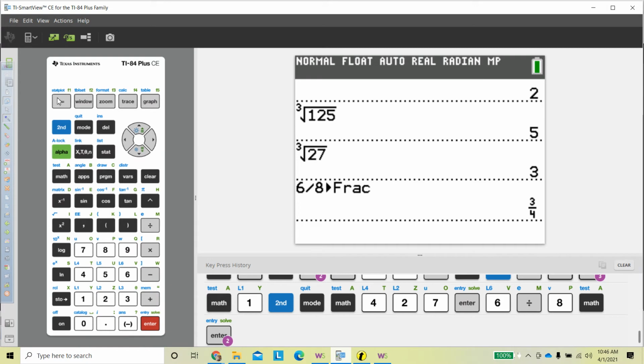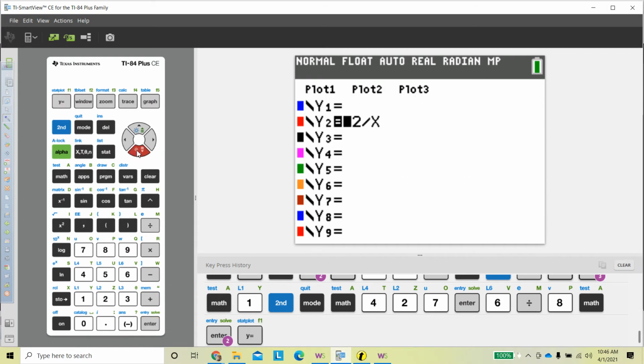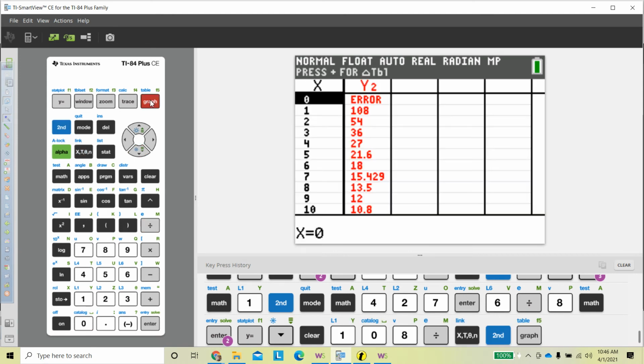You can think about hitting your y equals and doing 108 divided by x. Now we want to look at the factors. And I want to think about factors from this column that I can square root. I can square root 36. So 3 and 36.